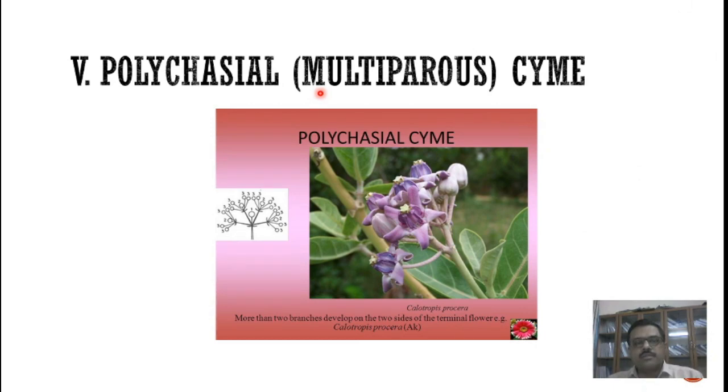Now the last type of cymose inflorescence is the polycacial or multiparous cyme. Here more than two flowers are developed at a time. So we find that the growth of the peduncle ends in a single flower, and below this more than two bracts are formed, giving rise to more than two branches forming flowers.